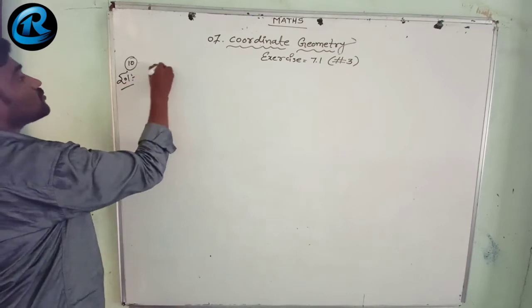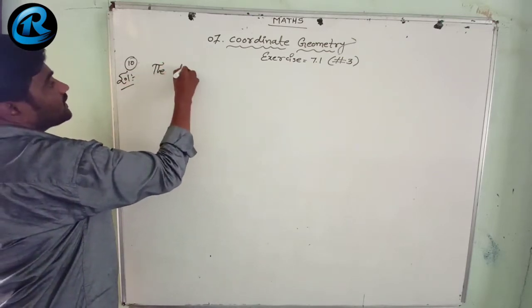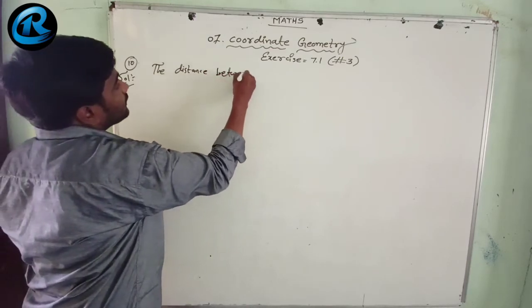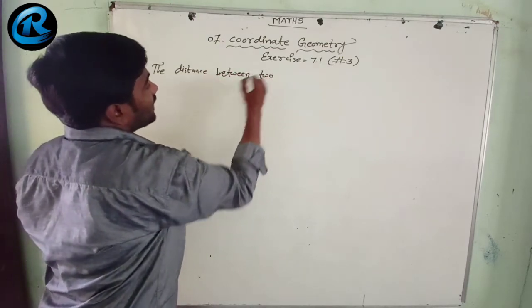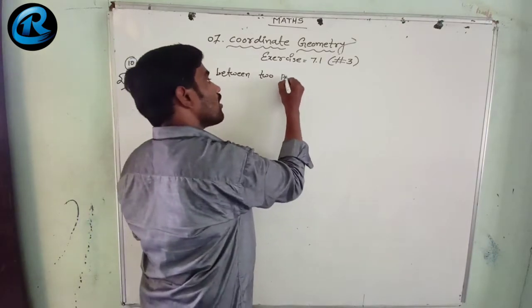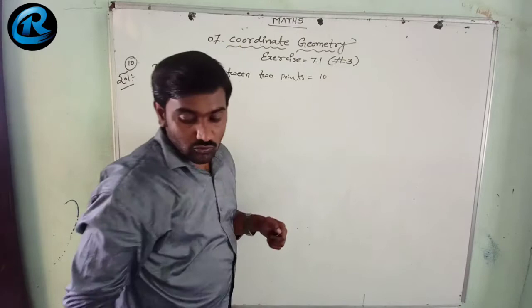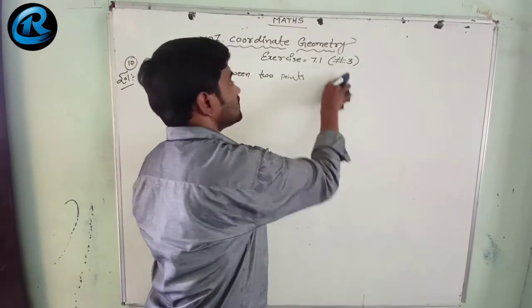The distance between the 2 points. What are the 2 points?